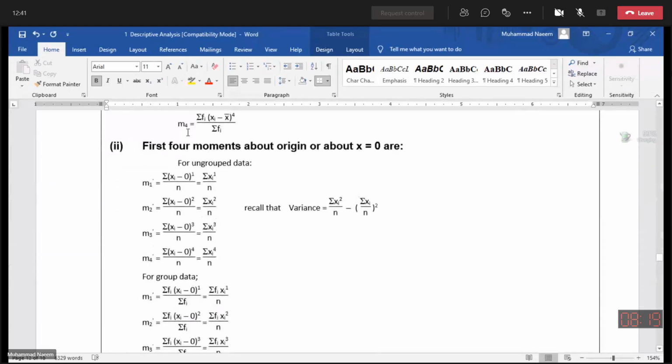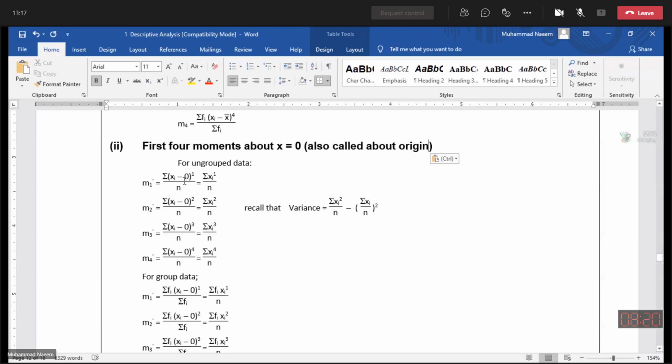Then we have first 4 moments about the origin, or you can say about x equal to 0. Also called about origin.